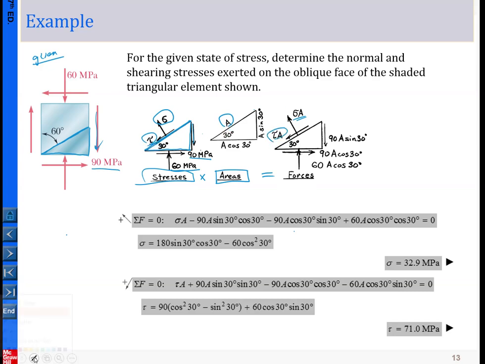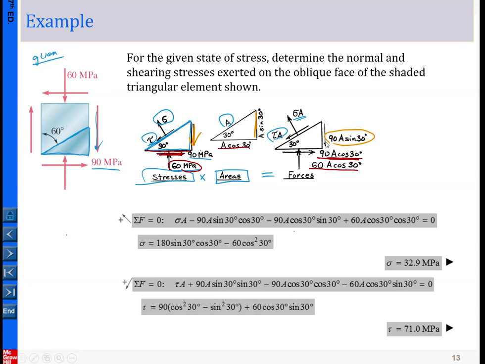Okay, and then from the given information, 60 multiplied with this area A30 gives this one, and this component 90 multiplied with this one obtains this one, and then this component multiplied with this area equals this one.